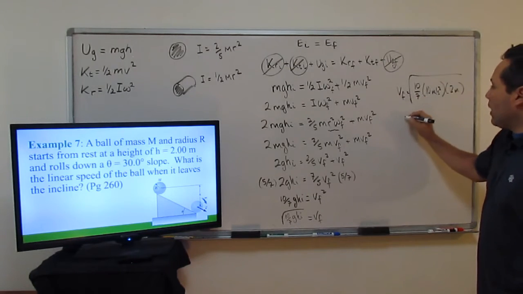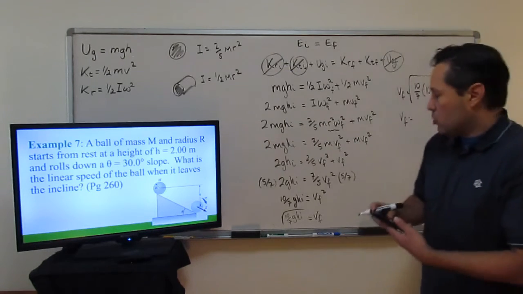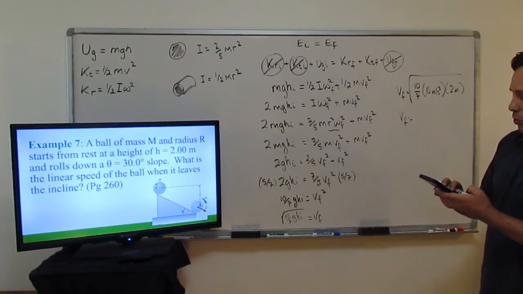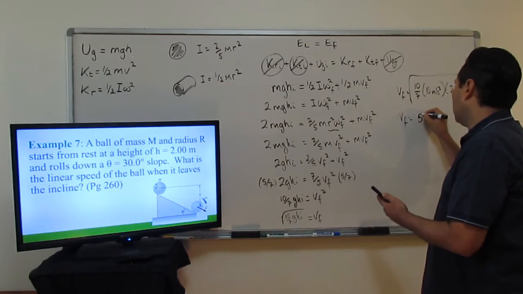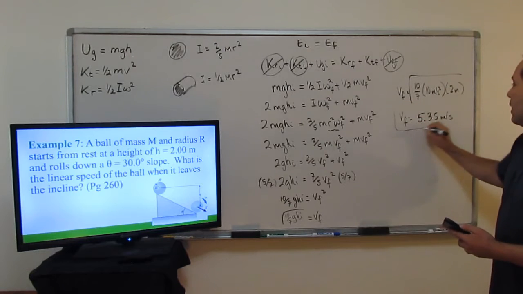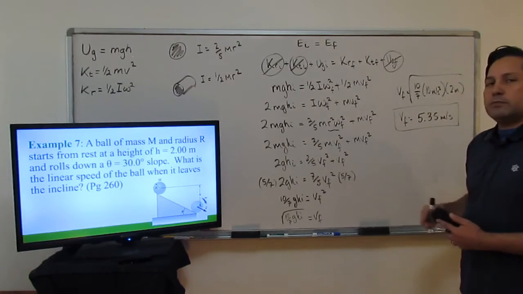Square root that whole answer, and we will get our final answer. So that's going to go ahead and be 10 times 10 times 2 is 200 divided by 7. Square root of that answer will give us 5.35. And that is the answer for part A of example 7.